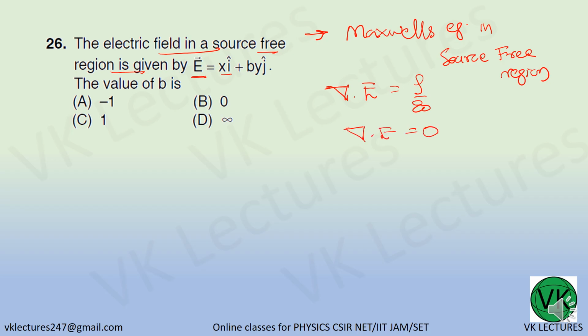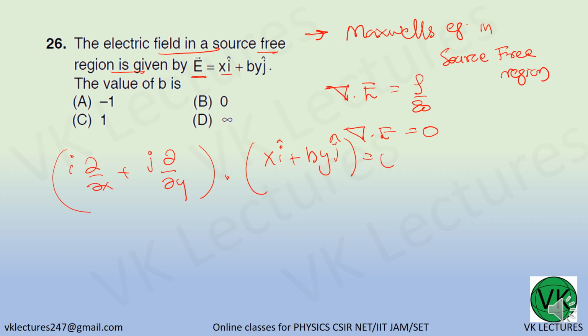Del dot E means i dou by dou x plus j dou by dou y dot x i cap plus b y j cap equal to 0.